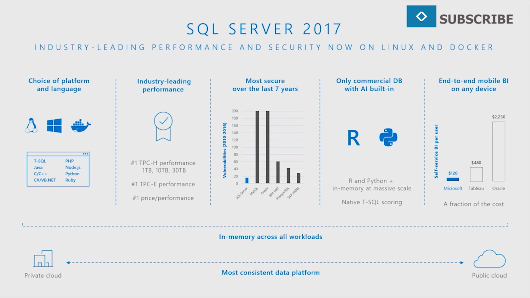In addition to in-memory across all these workloads, we can also deliver these capabilities with a consistent experience, both on premises and cloud, across all editions with common development and management tools and common T-SQL. And our goal is to provide you with a great experience with data, no matter where you choose to implement it.